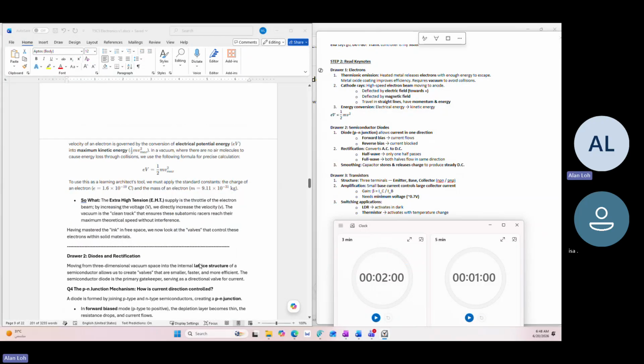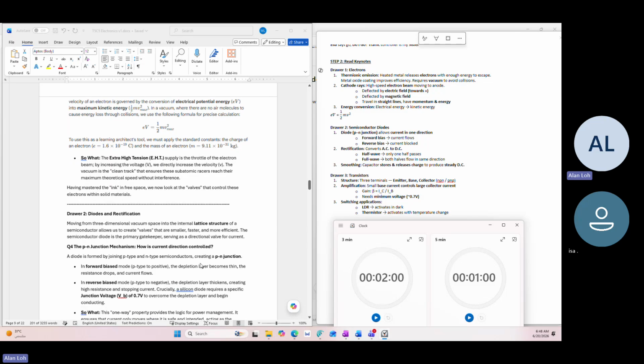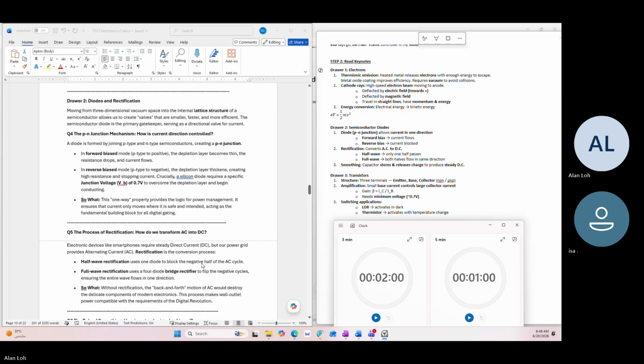Okay, I hope your level increased to level 4 for drawer 1. Let's do drawer 2. I'll give you 1 minute for question 4, in case you want to continue with question 5. You can do it.